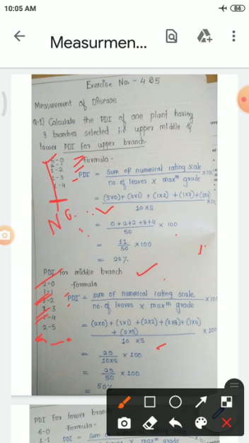Again here 2, 1, 2, 2, 1, 2, that is 10. So 10 leaves are assessed, 10 into maximum disease grade 5, into 100. So when we make this calculation, 50% damage will be observed. Then let us see the next.